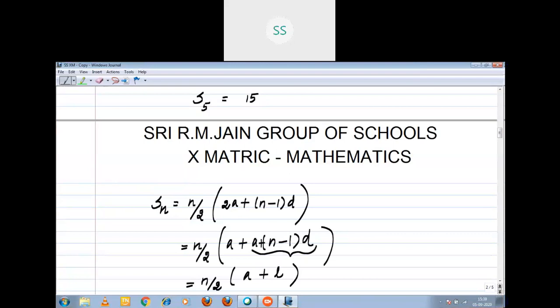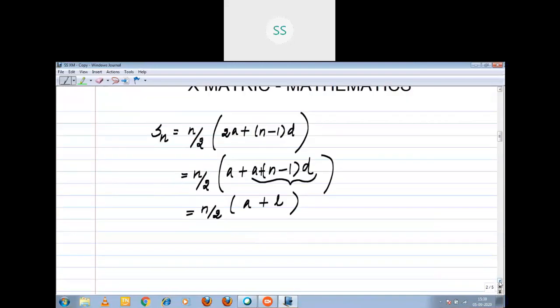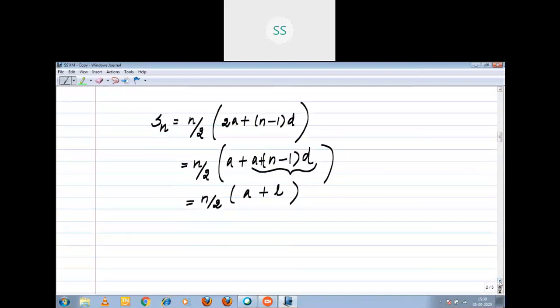Now you have to say the formula one time, children. You should say along with me. Sn equal to n by 2 into bracket 2a plus n minus 1 into d, or n by 2 into a plus l. a is represented first term, l is represented last term, right?